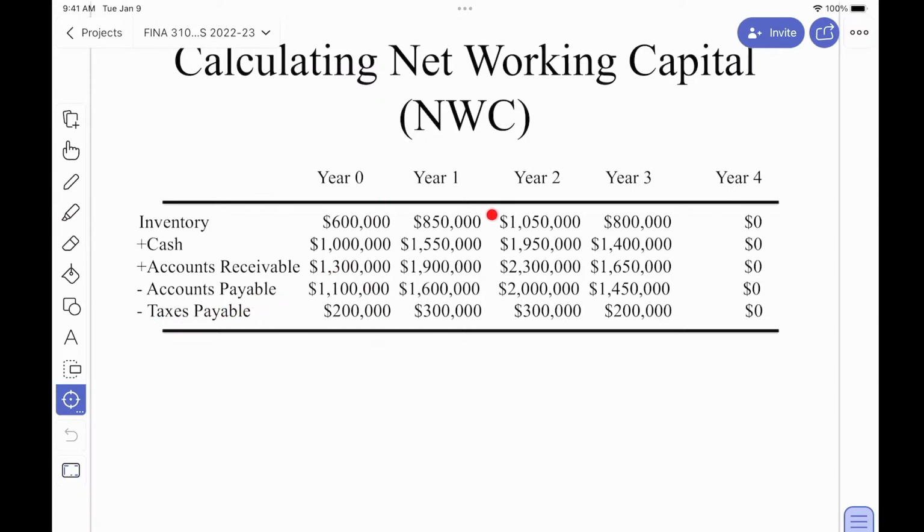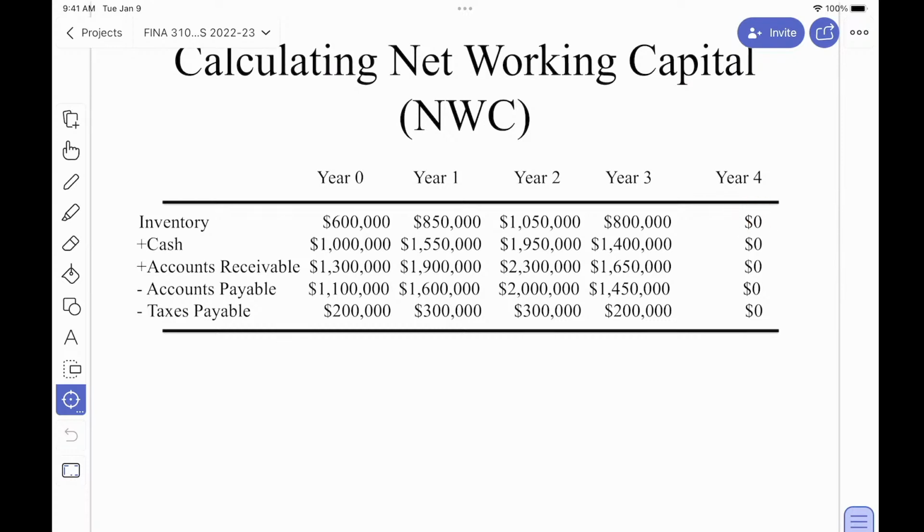That's immediately. Then by the end of year one, now obviously these amounts will change or fluctuate in the year, but by the end of year one, we want to have $850,000 in inventory available. By the end of year one, we want 1.5 million in cash, etc. Okay, so this is what we want. And then year two and year three, and final year, really important, is in the final year, the project ends and the funds that have been allocated to this project are released back to the firm.